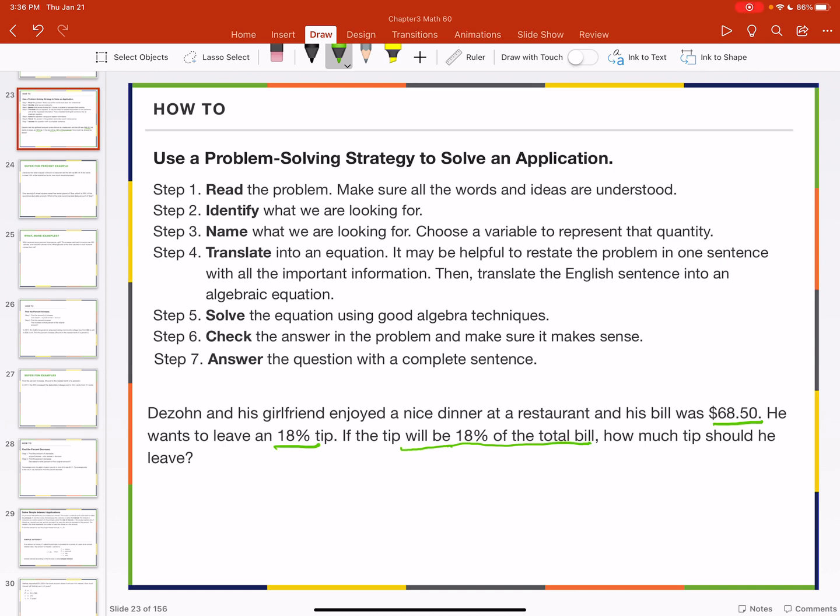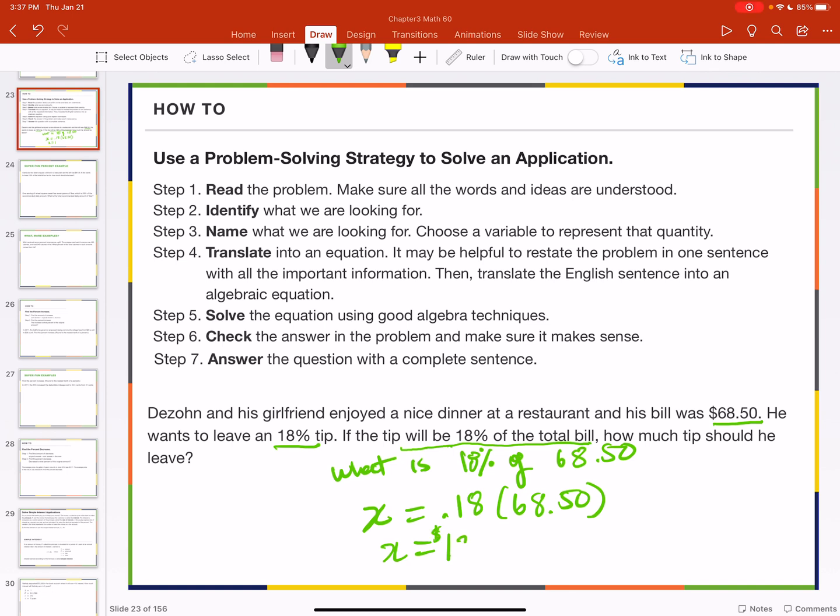So the question is, what is 18% of 68.50? So x is 0.18 times 68.50. 18% of 68.50 is $12.33, so the tip is $12.33.